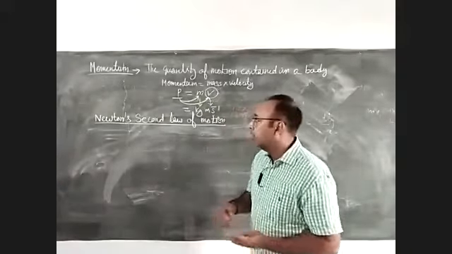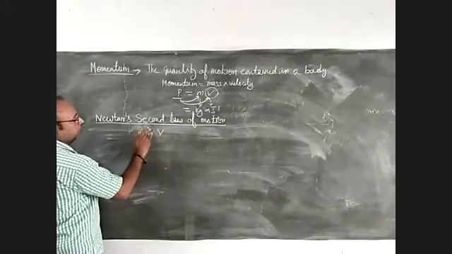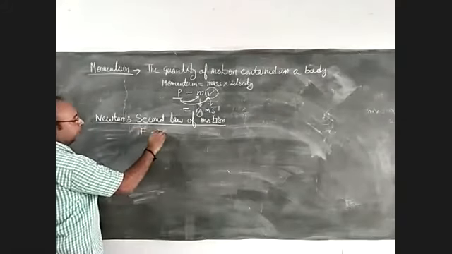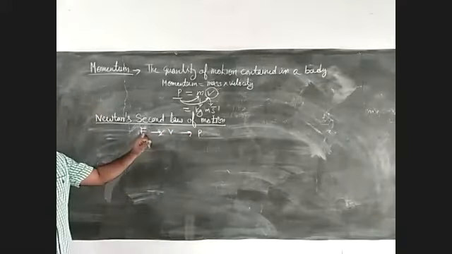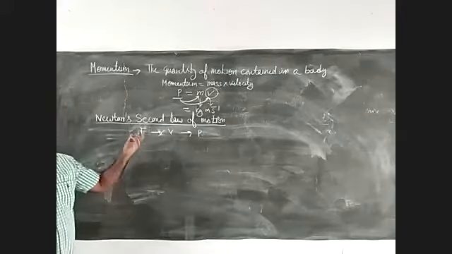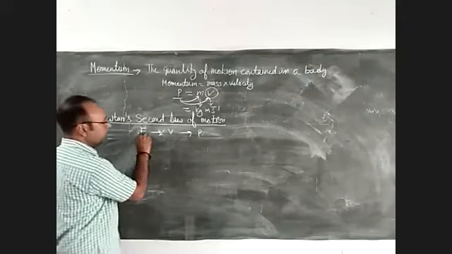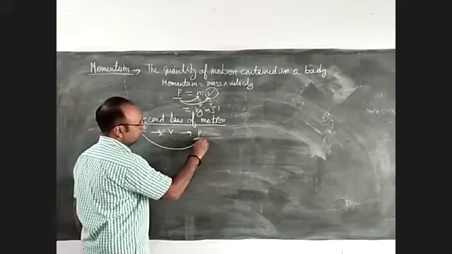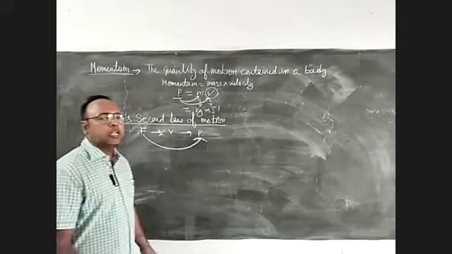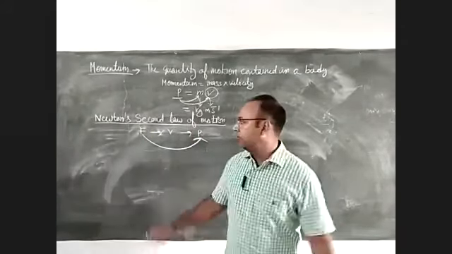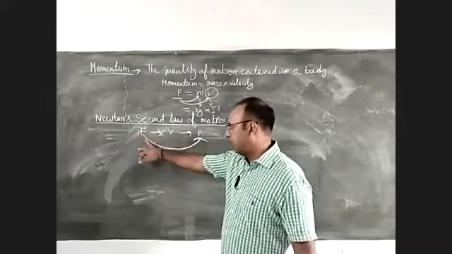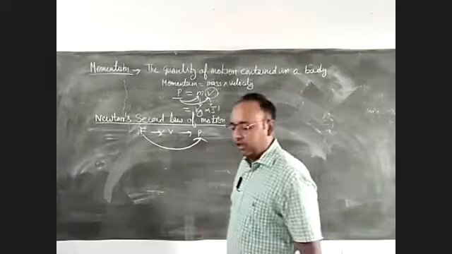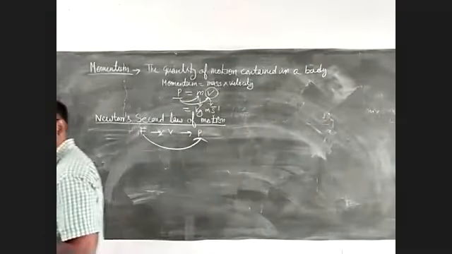So what he said, that first of all force F increases velocity, then momentum increases. So velocity depends upon force. Force and momentum are directly related to each other, because if I increase force, velocity increases, momentum increases. So directly I can say that with an increase in force, I can increase the momentum, right?